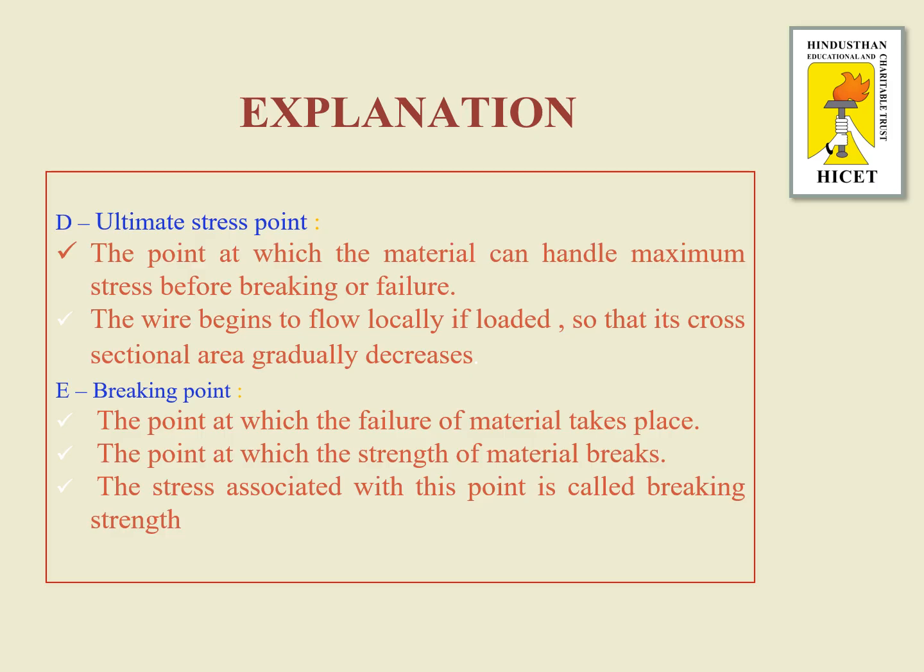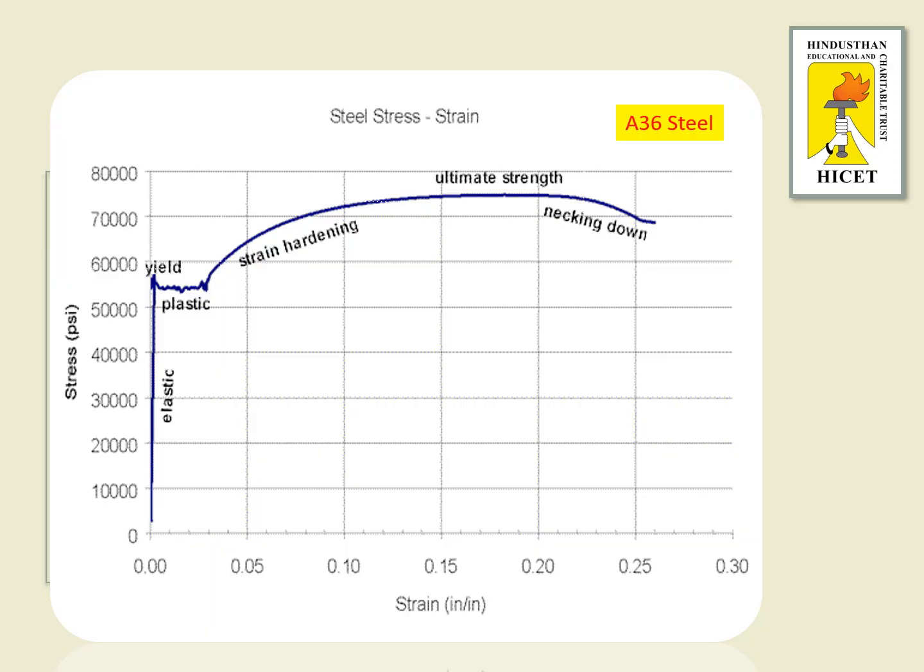That is the point at which the failure of material takes place, the strength of the material breaks, and the stress associated with the point E is called breaking strength. The figure also shows the stress strain relationship for a material called A36 steel, where the different points like proportionality limit, elastic limit, yield point and the breaking stress are shown.